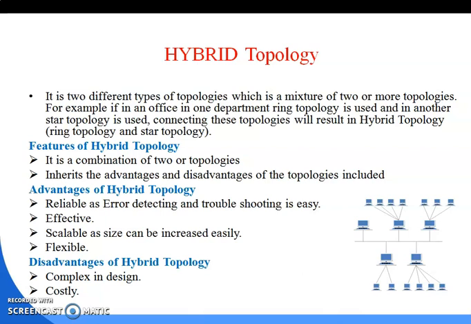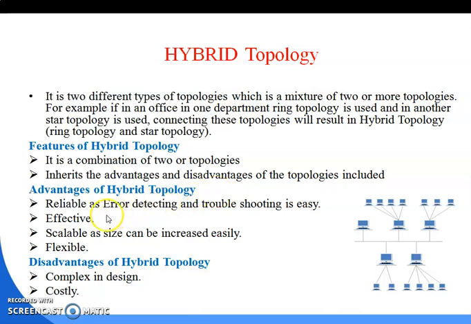Suppose in a hybrid topology two types of topologies are used, one is ring topology and another is star topology. That means the hybrid topology has the features of both ring and star. Inheriting means it accesses the features of the ring and star topology. Clear?